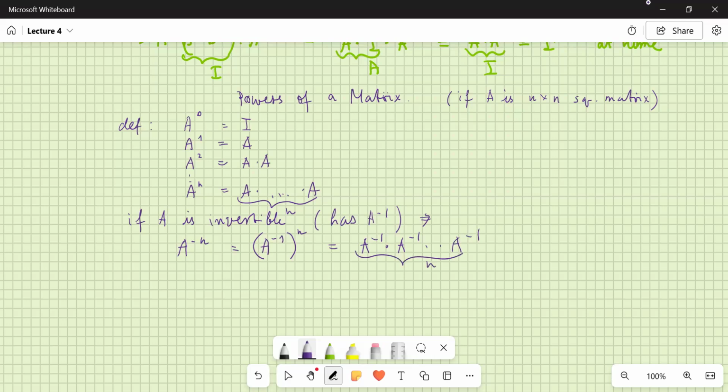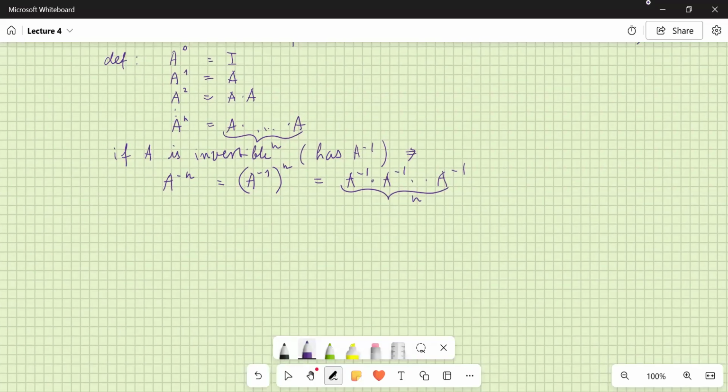Why do we need them? Well, actually, guys, know that for real numbers, we can have polynomials. We also can have polynomials for matrices. Let's label this matrix polynomials.